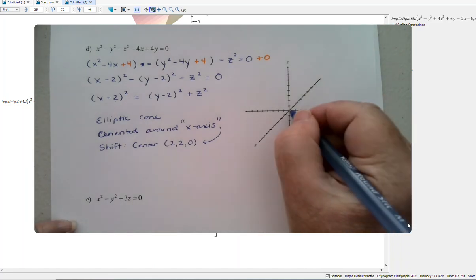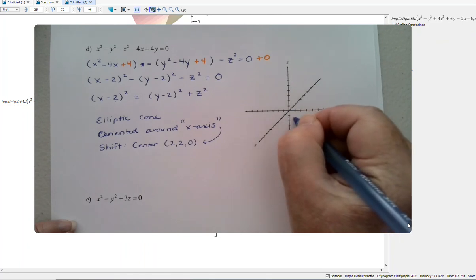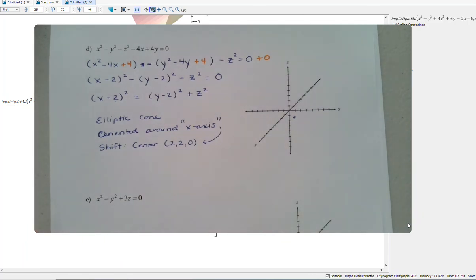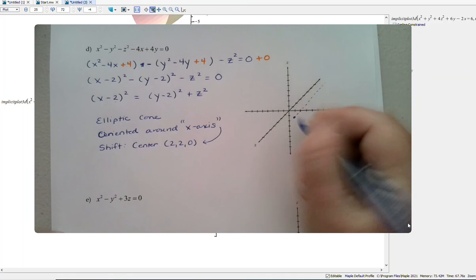All right, let's see what we can do here. 2, 2, 0. X is 2, y is 2. We'd be about here for our center. And in fact, I'm just going to draw a shifted x-axis right in here.